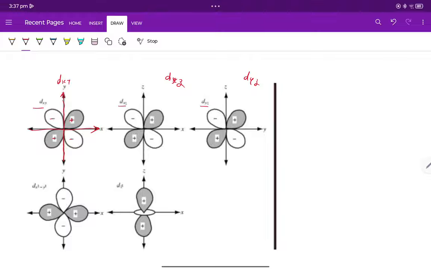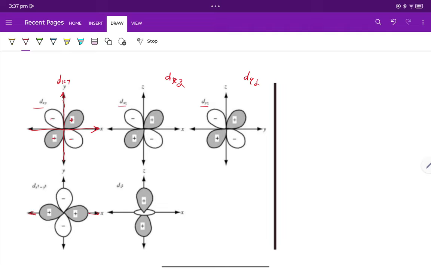Now the remaining two orbitals are dx square minus y square and dz square. You see, dx square minus y square is a special type of orbital, because here the lobes are arranged along the axis. In all these three orbitals, the lobes are arranged in between the axis. Here they are arranged along the axis, in the x direction and also the y direction.